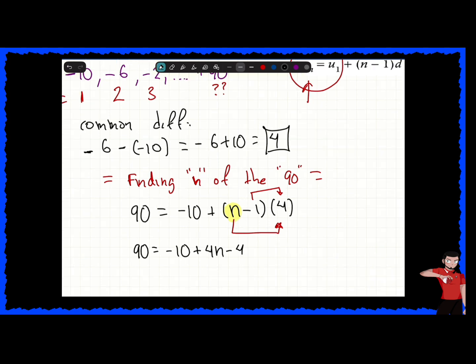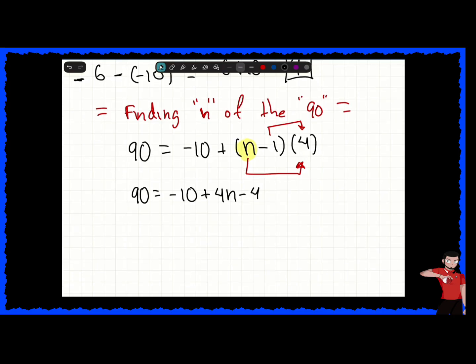So here we can simplify. We can say 90 is minus 10, pay attention to this, minus 10 minus 4 is minus 14 plus 4 times n.